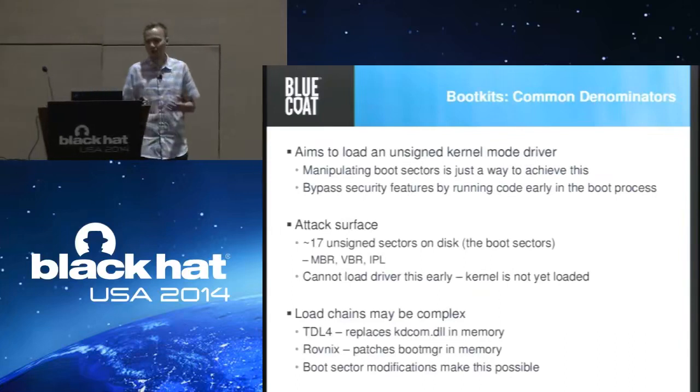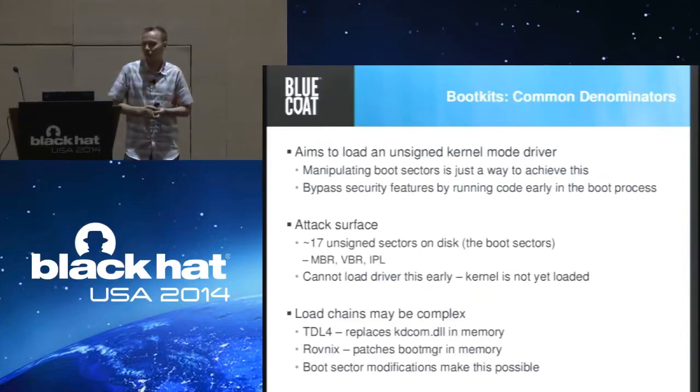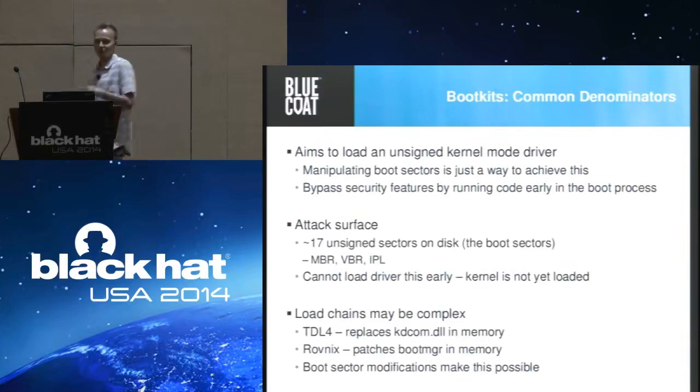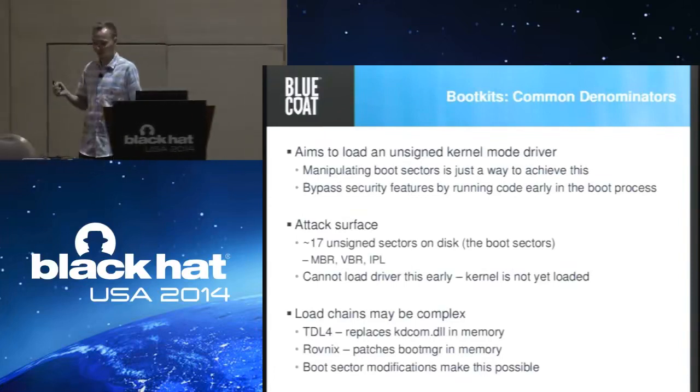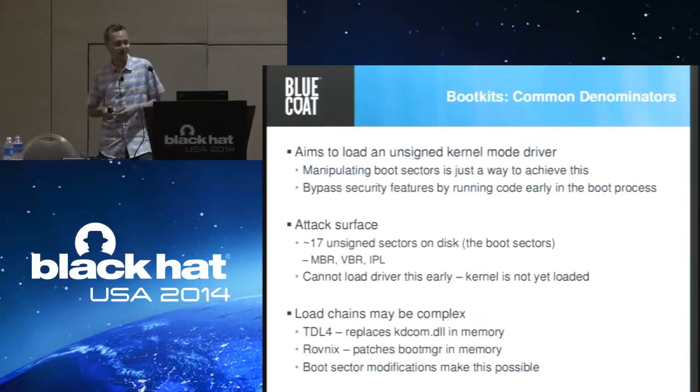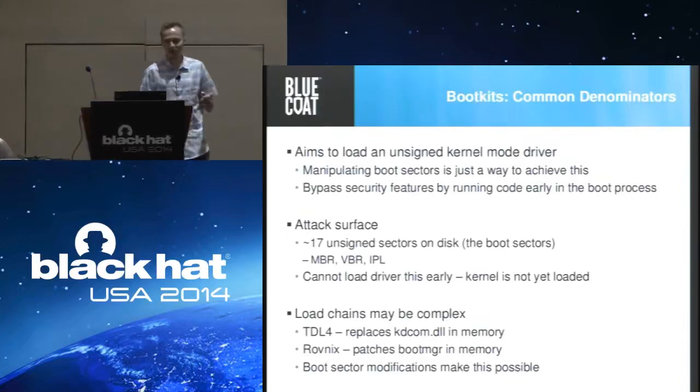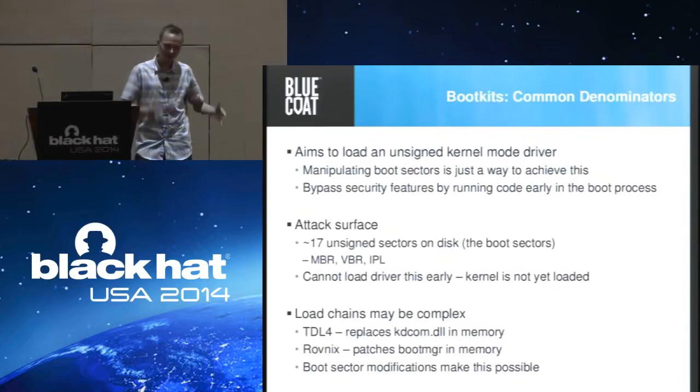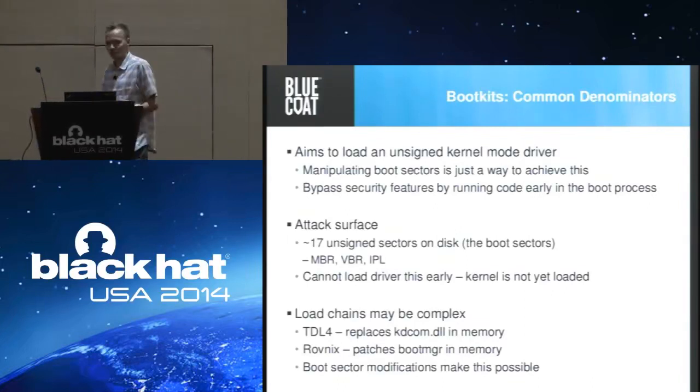A more recent example, Rovnix, did some kung fu patching of the boot manager, and then used debug registers and whatnot to sort of crawl itself onto the system. So this all varies, but the common thing is that they must modify the boot sectors. So that's what we focus on.